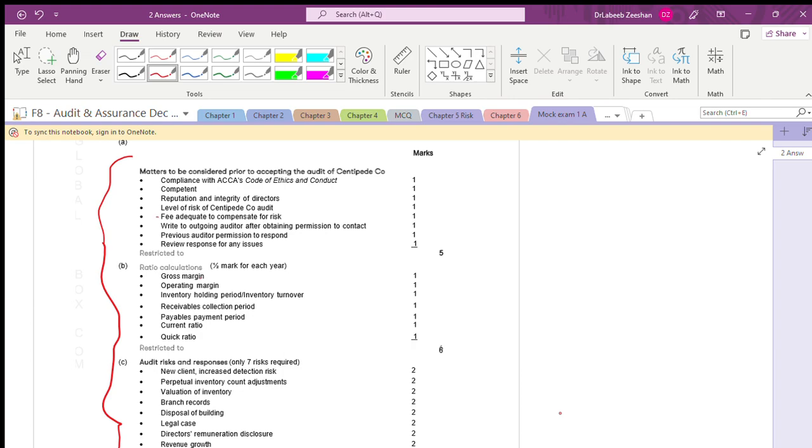You have to take into consideration whether the fee is adequate to compensate for the work. Write to the outgoing auditor and obtain the previous auditor's permission to respond, and review the response for any issues.